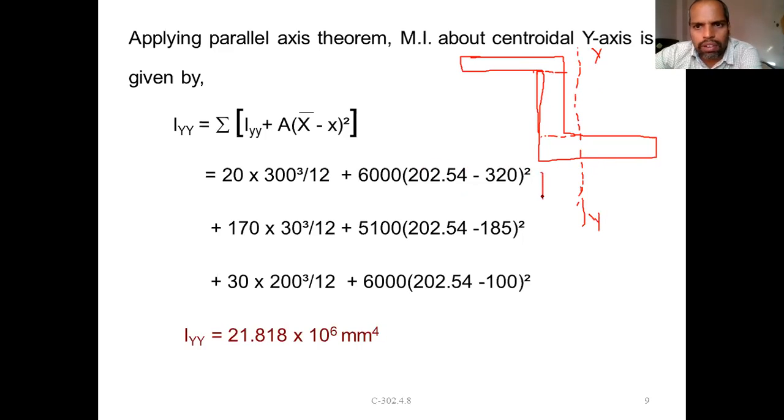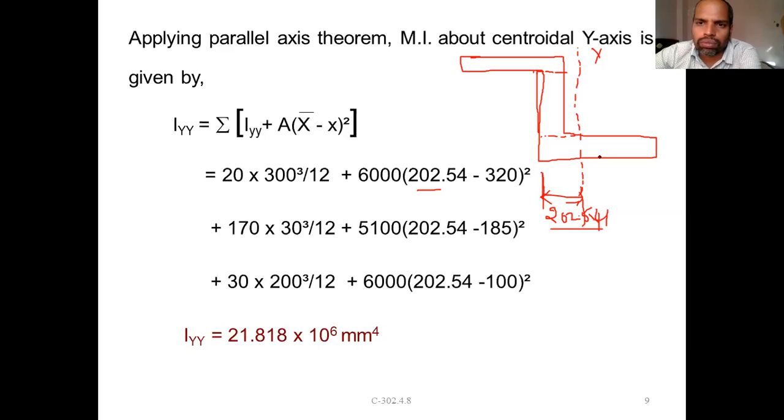What is our x bar value? The x bar value is 202.54. This is the y axis and x bar is nothing but 202.54.